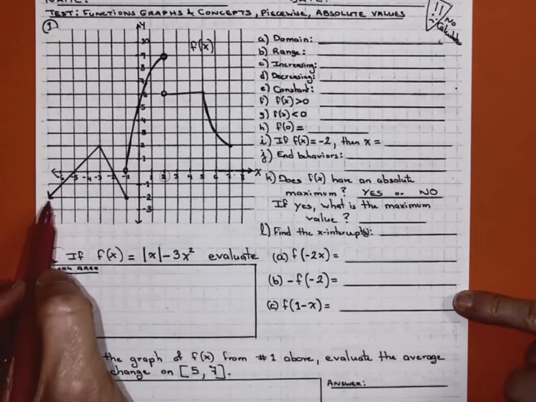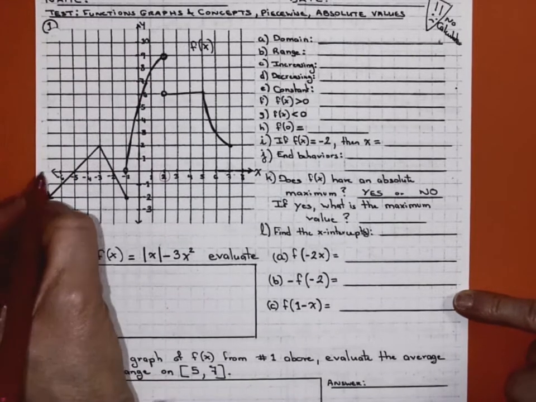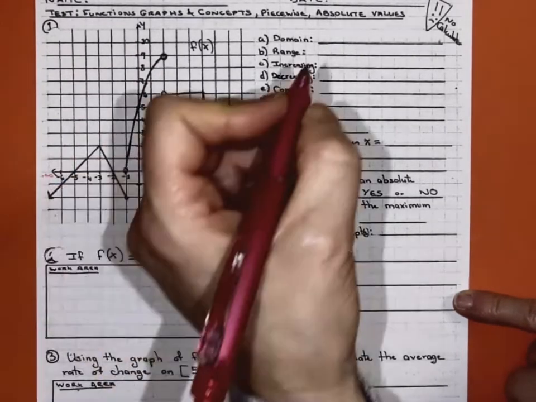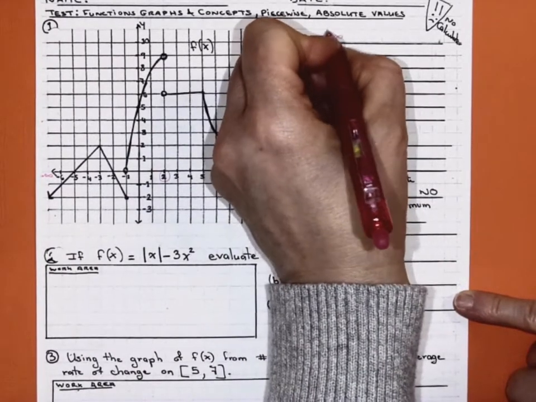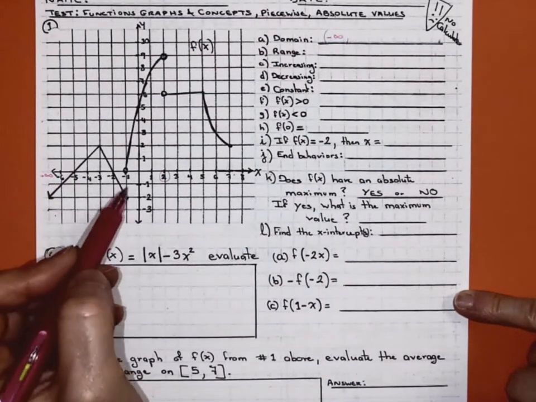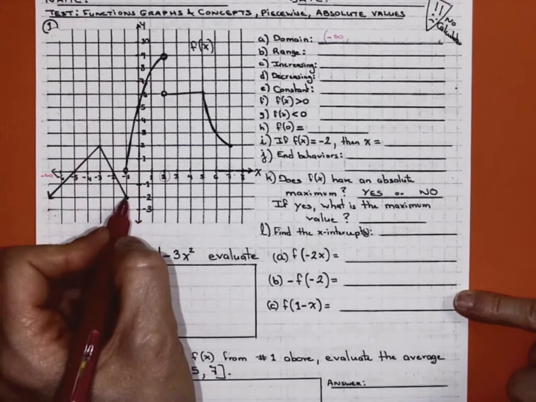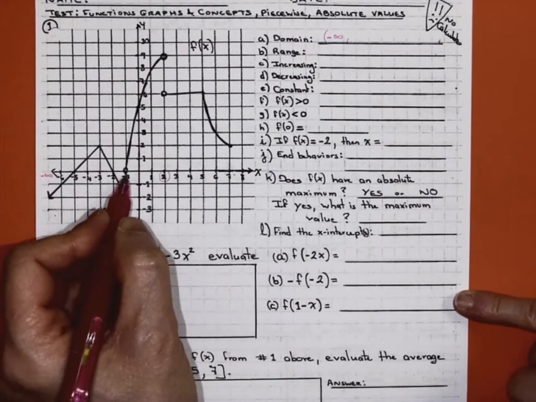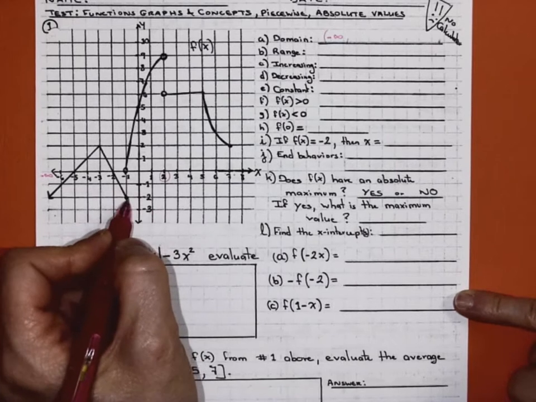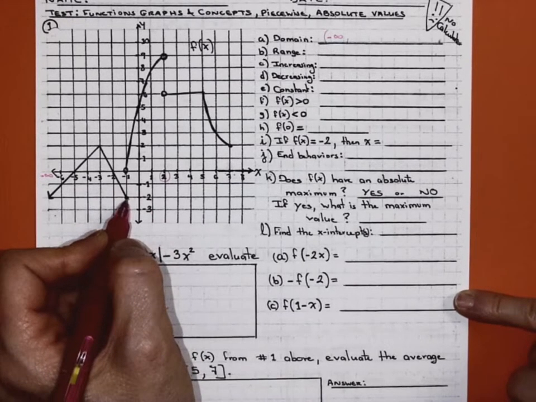So for my domain here, I will start from -infinity, and I will keep going. So you say, well, why are we not excluding this one? Because this is open, but this one is definitely closed. So -1 has a y value of -2, so it is included in our domain.